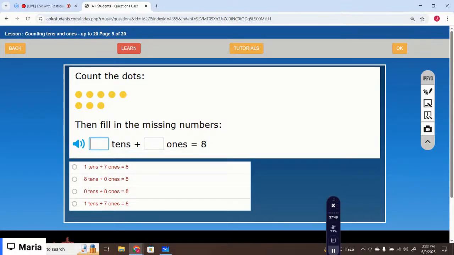Count the dots. So we have 0 tens and 8 ones.